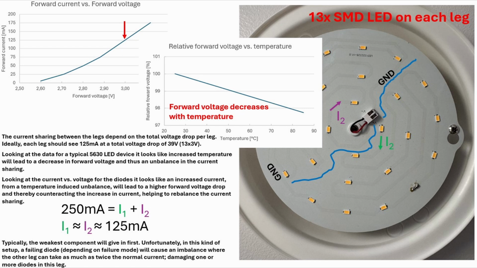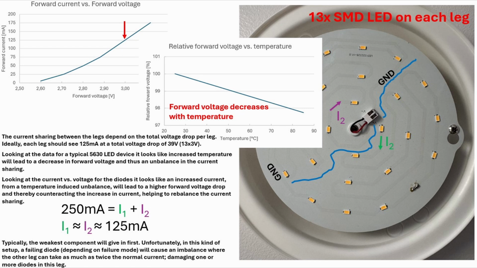The problem with this kind of parallel setup is that you need to consider the current balancing. The current balancing depends on the voltage drop over the two legs, and the voltage drop for each leg depends on the voltage drop of each individual LED.